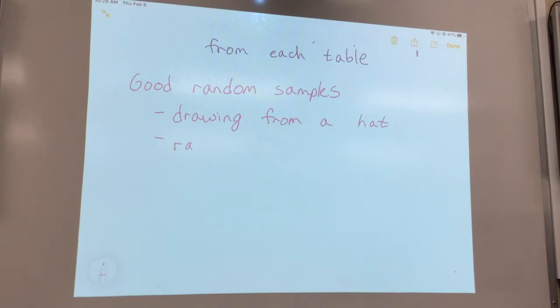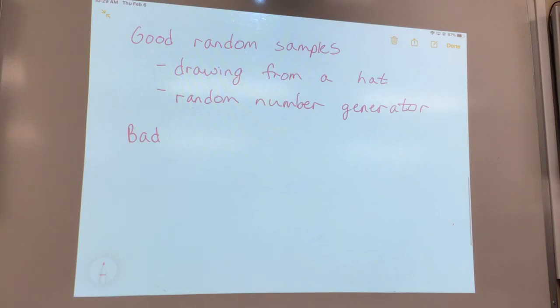A random number generator is usually a representative sample. It's a good random sample. Those are the only ones they've mentioned as good, so I'm going to leave those as the good ones.